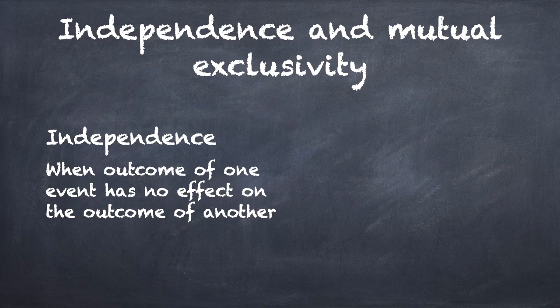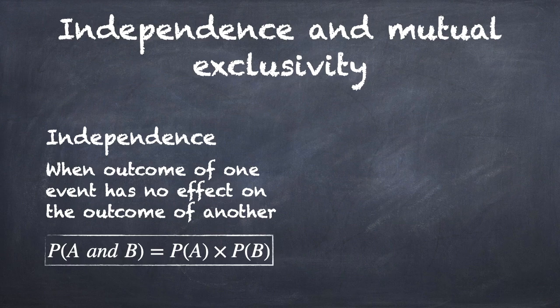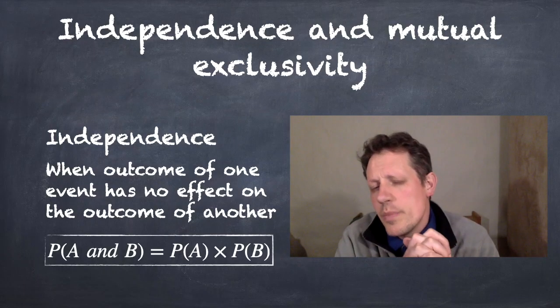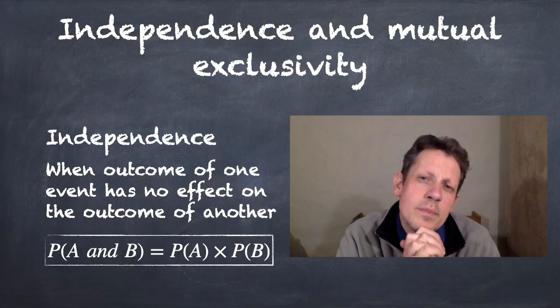Now, when we want to prove independence, or if they tell me two events are independent of one another, it means that the probability that A and B happens is equal to the probability that A happens times the probability that B happens. I want you to remember that little formula.